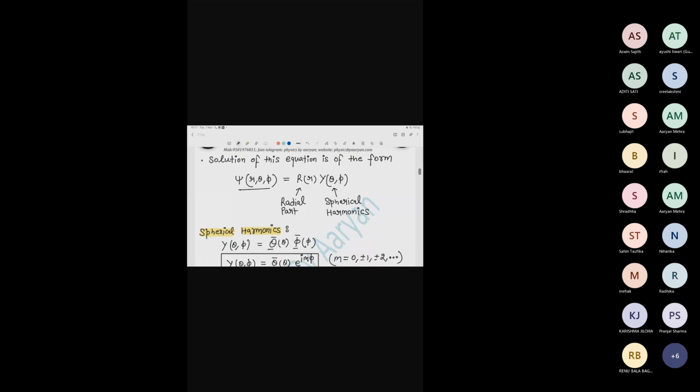So now my total solution is a combination of two solutions. One is the radial part and one is the spherical harmonic part. The radial part is represented by R, some function of small r, and the spherical harmonic is written as Y. Always remember, not just in the hydrogen atom, in any kind of spherically symmetric potential.